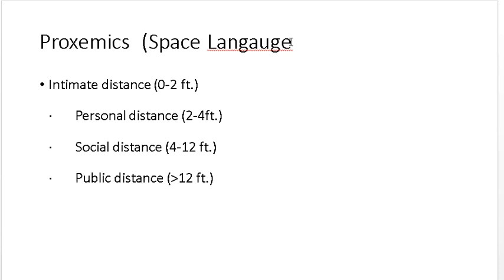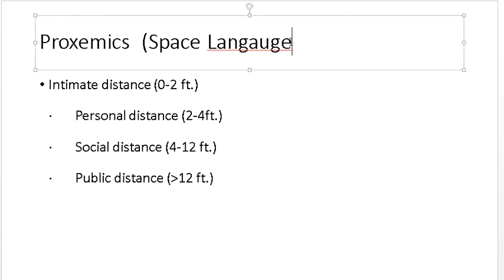According to the American standards, proxemics is a space language. Space language doesn't mean the language which is spoken in space. Let me clarify this before starting. Proxemics is the language of space: while we are interacting in a society, our distances and the spaces between one another, our social distance, speak for themselves, and that is called proxemics.